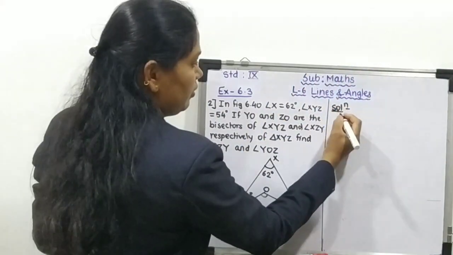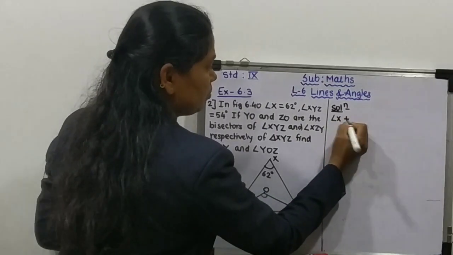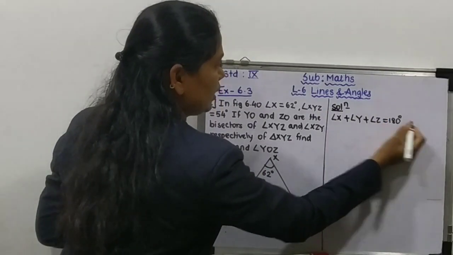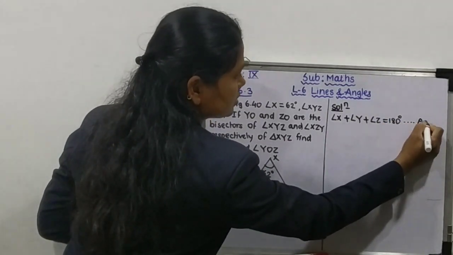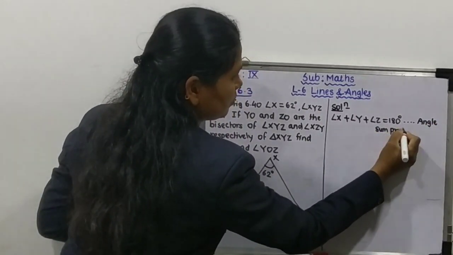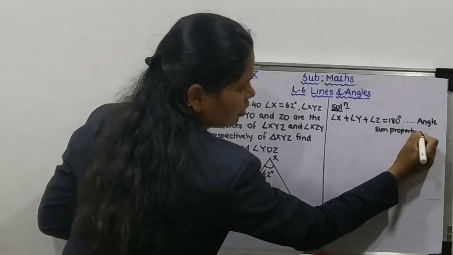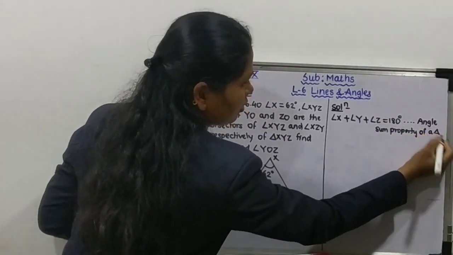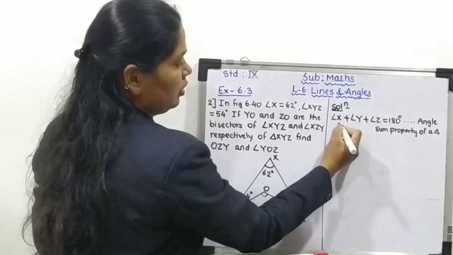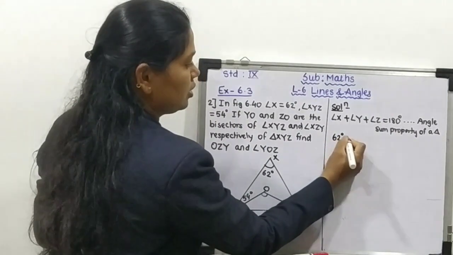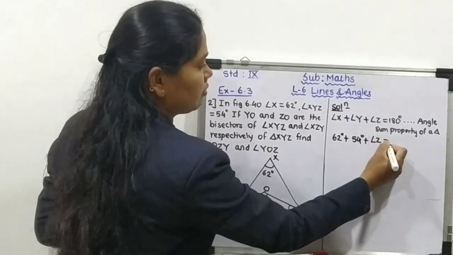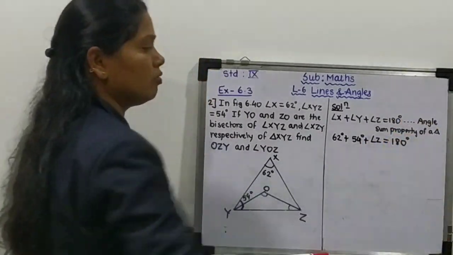So what we will do here, angle X plus angle Y plus angle Z is equals to 180 degree by angle sum property of a triangle, or the theorem of angle sum property of a triangle. So X we know that is 62 degree, Y we know 54 degree, and Z we don't know, that one we will find, which is equals to 180 degree.